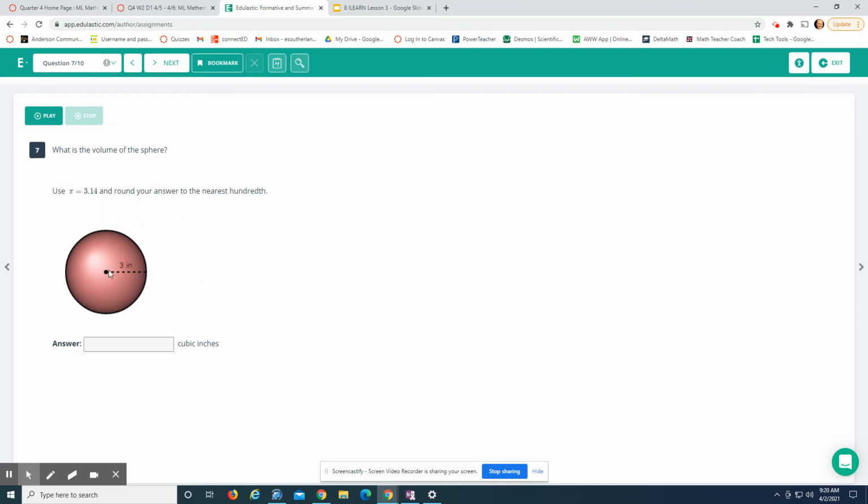This is a review. Remember that the volume formula for a sphere is volume is equal to 4/3 pi times the radius cubed. I do want to point out that this time it says you use 3.14 for pi, so you're not going to be able to use the pi button on the calculator.